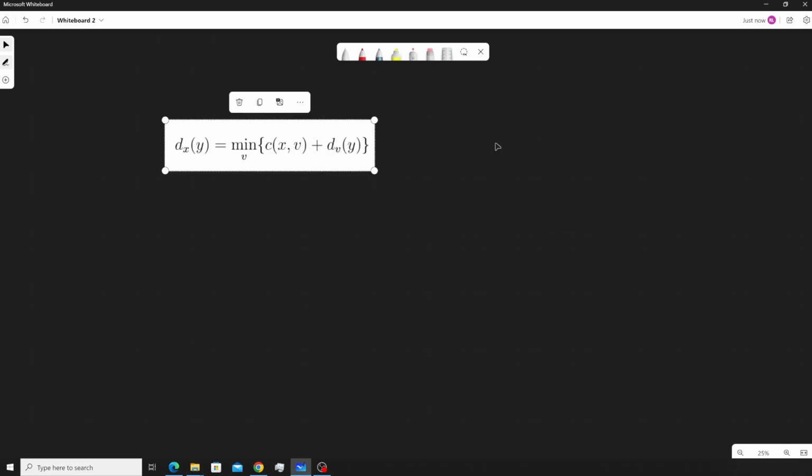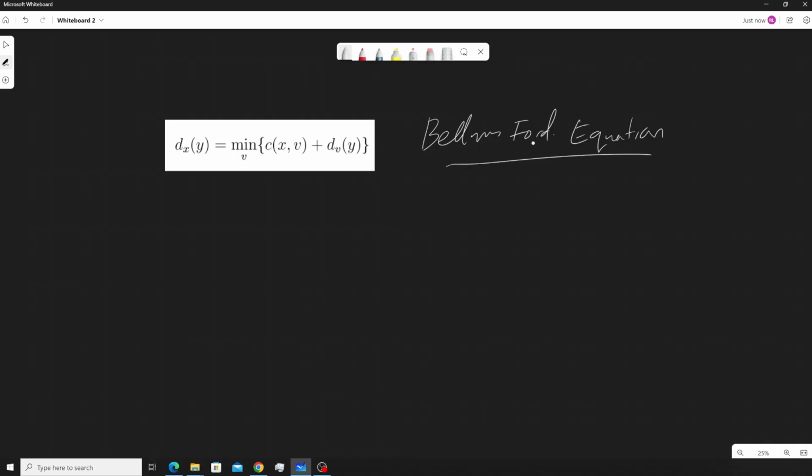Okay, so this is the Bellman-Ford equation, and essentially it acts as the driver for distance vector and similar algorithms. And so I'm going to define some of the elements inside of there. So the first one that we're going to define is dxy.